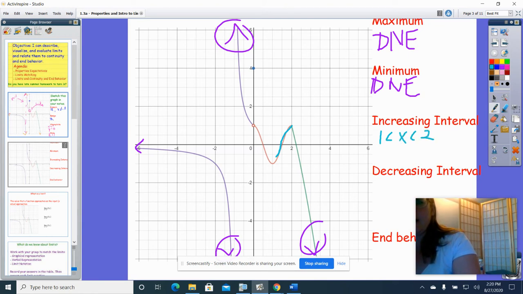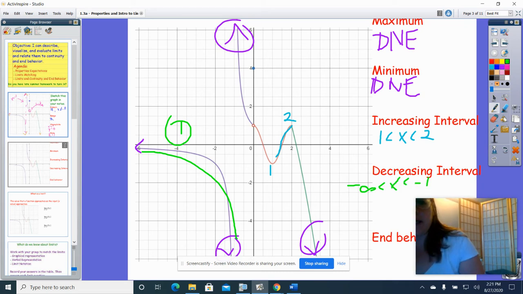So the way I write that is I'm using inequality notation. So 1 is less than x is less than 2. That's our increasing interval from 1 to 2. And then there are actually 4 decreasing intervals. So the first decreasing interval is -infinity to -1.